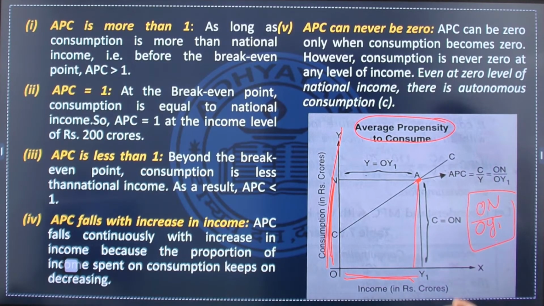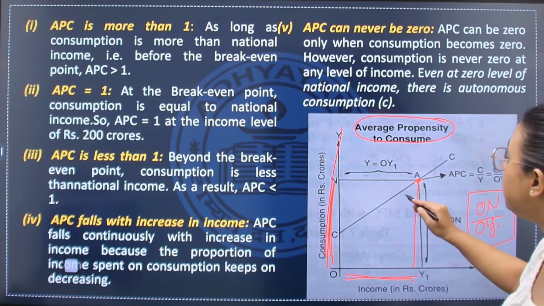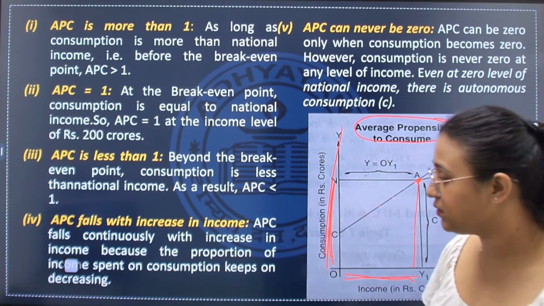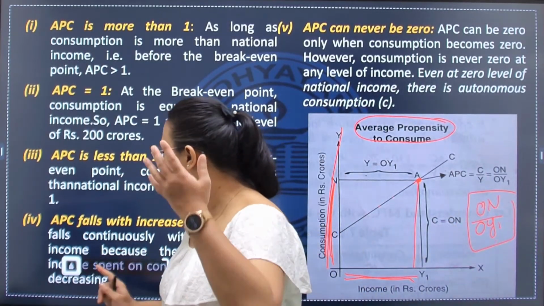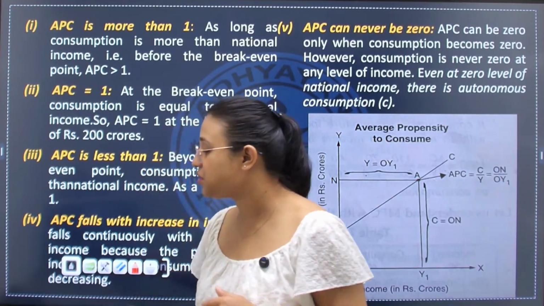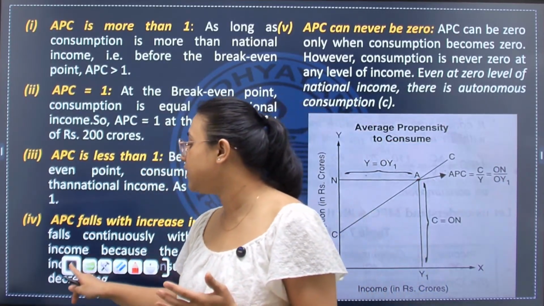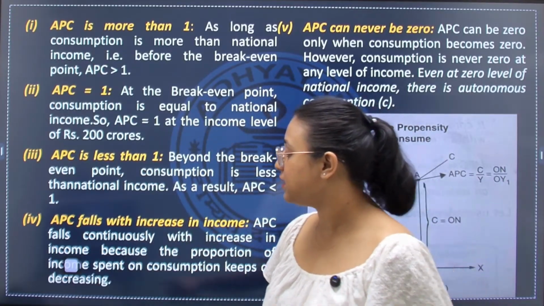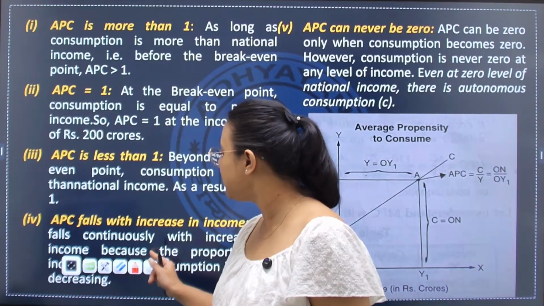So you can actually calculate APC at any point of the consumption curve, and you cannot draw APC itself. So APC is not a curve, but it is actually a point on the consumption curve which reflects the ratio of how much of the total income is spent on consumption. Okay? I hope you are clear with this.